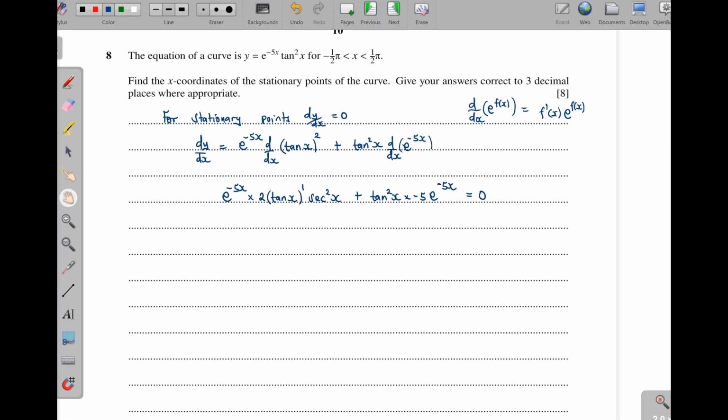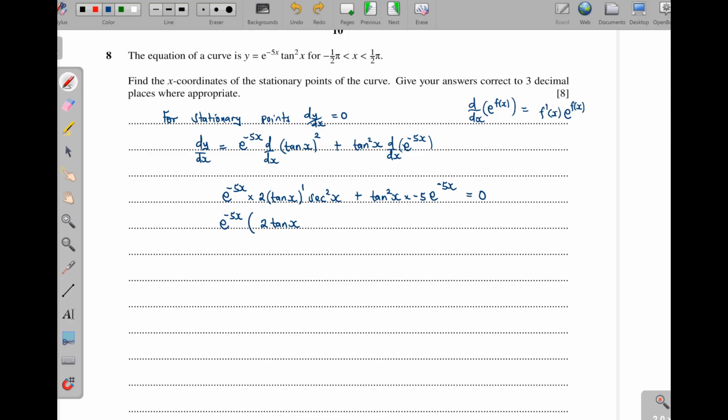Is that clear? Then the next thing to do is to pull out what is common. I can see e to the power of negative 5 of x is common. Then here we are having this. And this is 2 tan of x. I can express this in terms of tan.